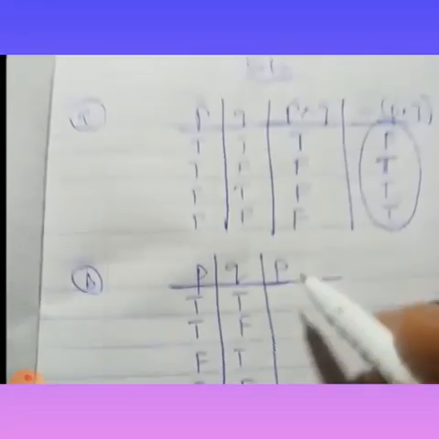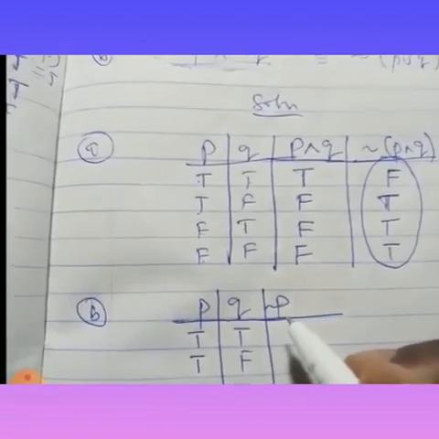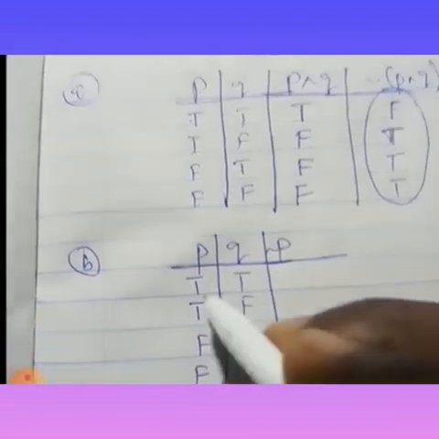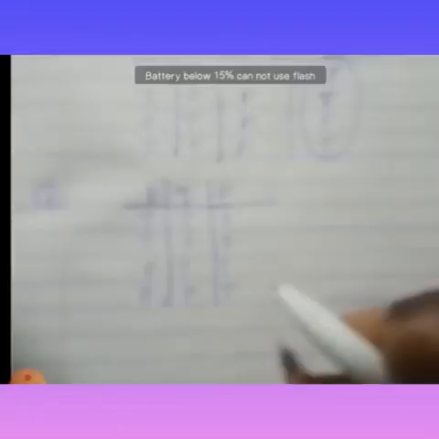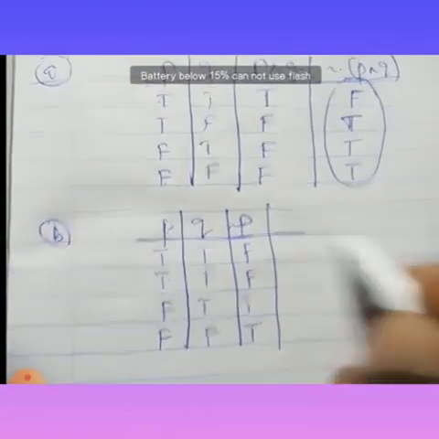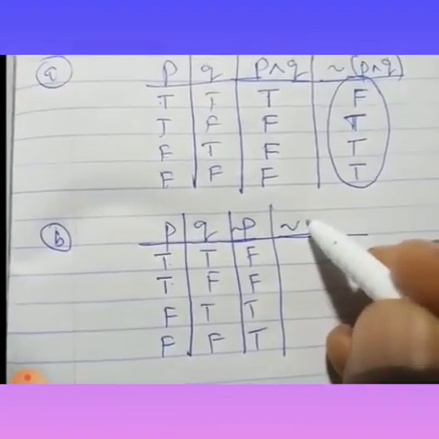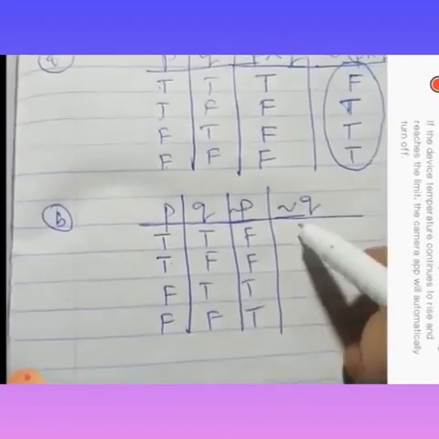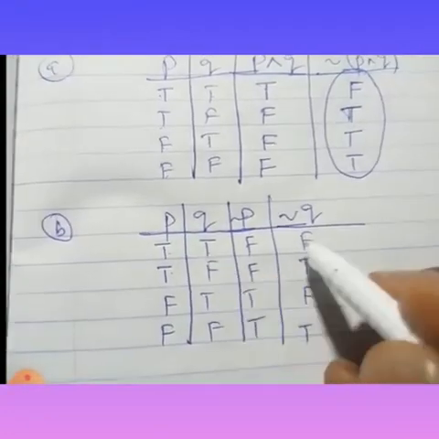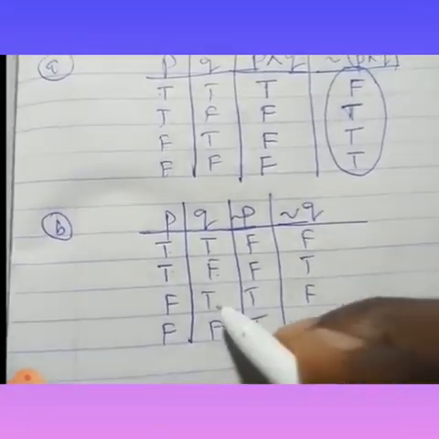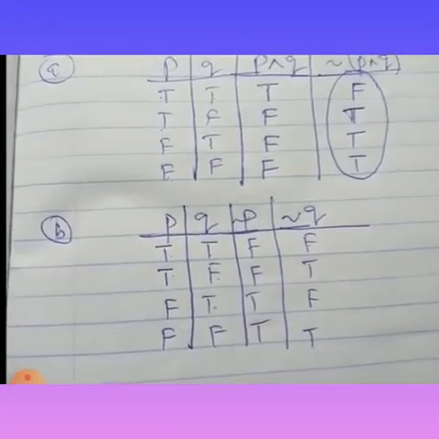The negation of P, that's the opposite: true becomes false, true becomes false, false becomes true, false becomes true. And also the negation of Q, we have false, true, false, true.